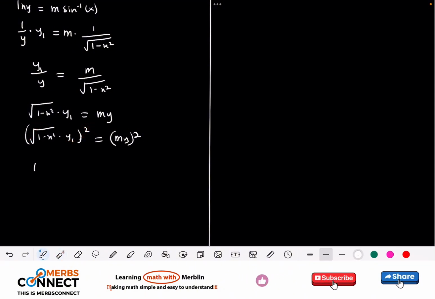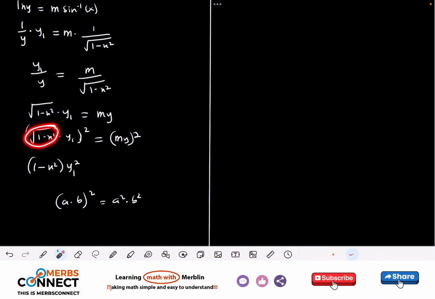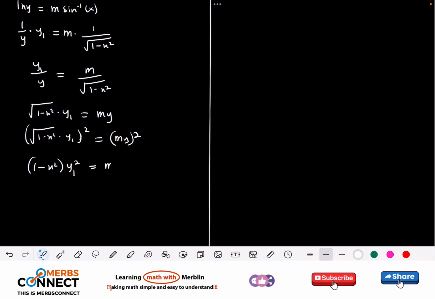So I'm going to have 1 minus x squared times y1 squared. If I have a product a times b squared, this is the same as a squared times b squared. So I will square this, which will cancel the root. Then I need to square this one as well. So that's what I'm going to have, and then this side will be m squared y squared.